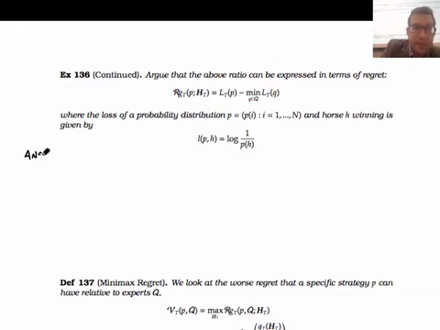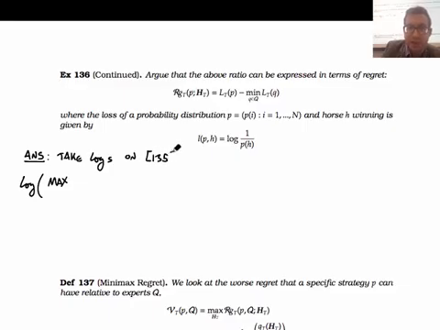So the answer to this part is that I just take logs. The logarithm of what we had from the previous question, so take logs on exercise 135.